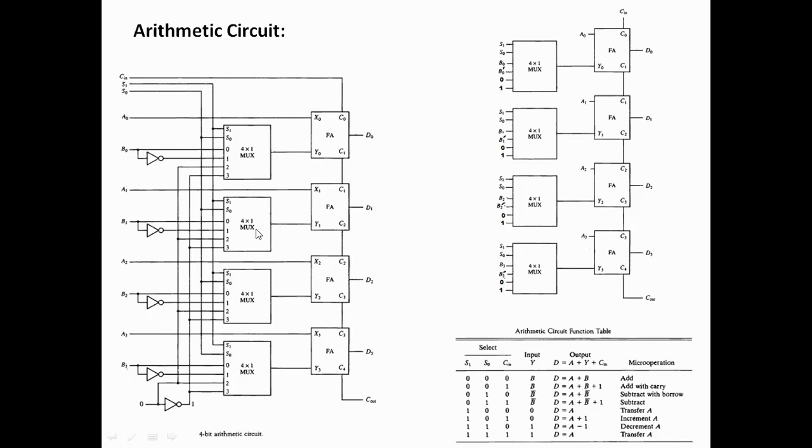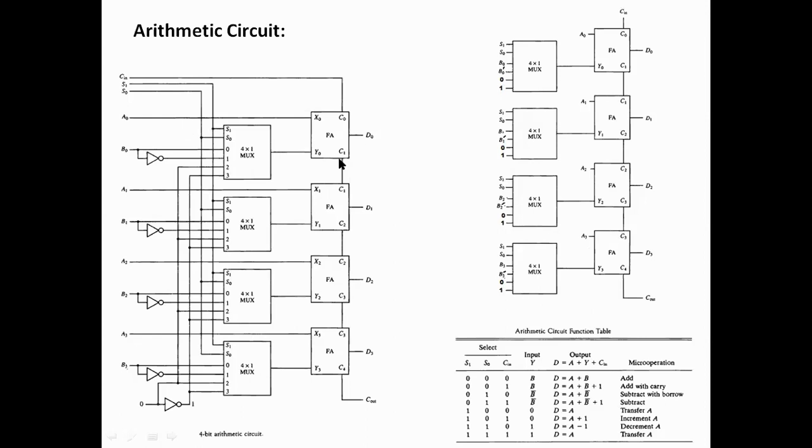Because of this type of wiring, it seems a little difficult to understand what is going on. So I have converted this circuit to this simpler one for the sake of understanding. Whatever wiring is putting in as an input, I have directly written that here. So this is the same circuit on the right hand side, and this is the same multiplexer which was here.